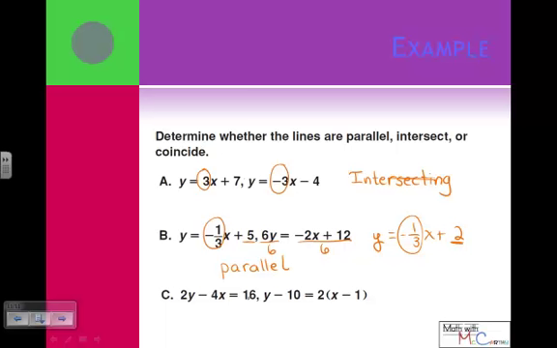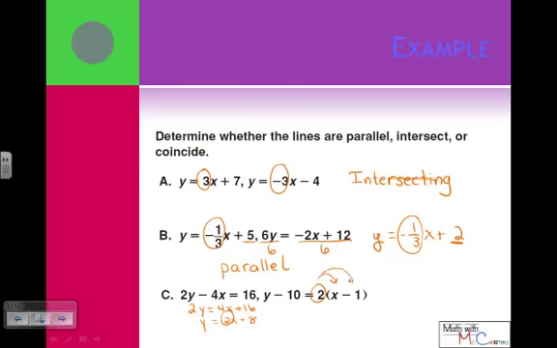And then lastly, this line I would need to solve for y, so I would have 2y equals 4x plus 16 and divide everything by 2, which would give me y equals 2x plus 8. So the slope of this line is 2. The slope of the other line is also 2, and it's in point-slope form, so I need to figure out what the y-intercept is to see if they're coinciding or parallel.